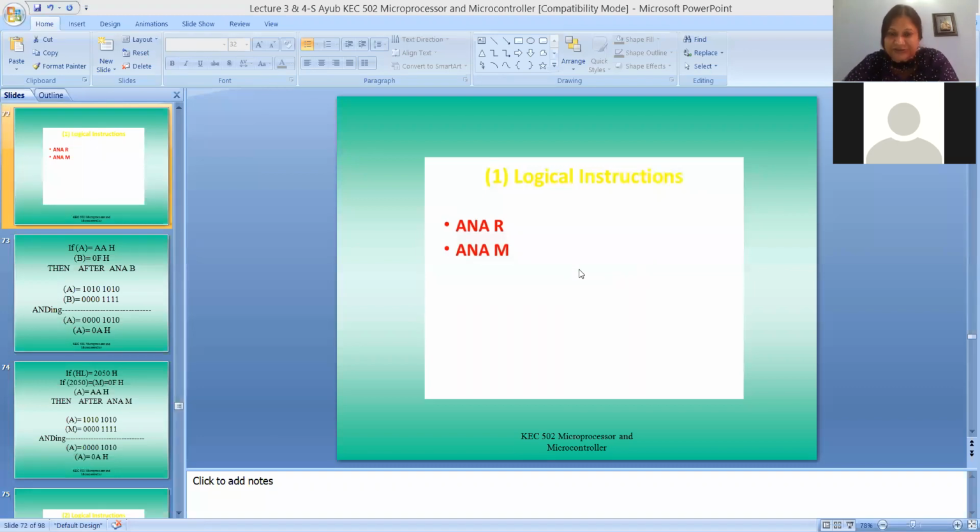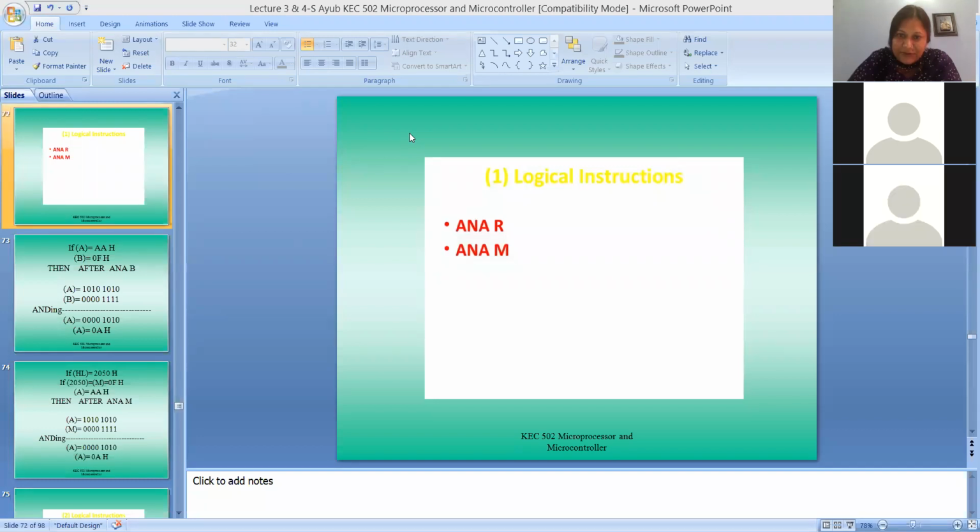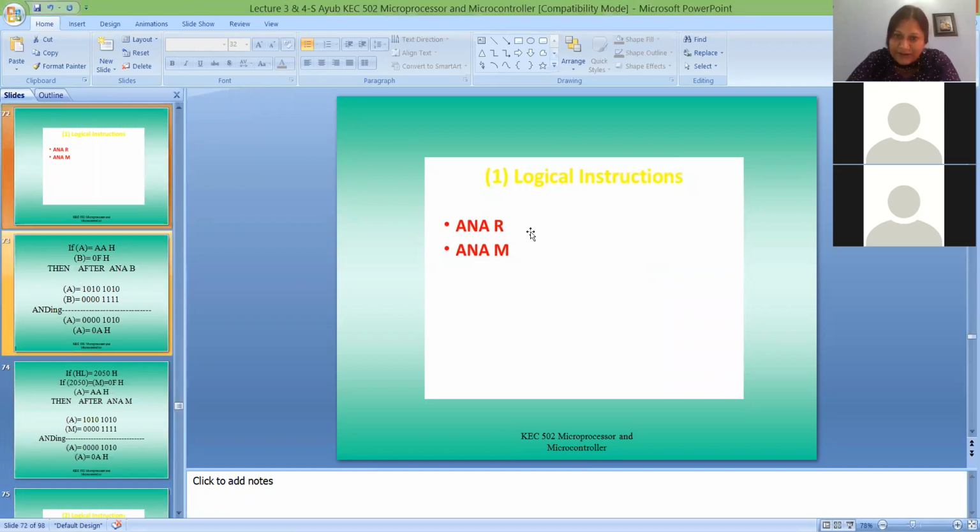Yes, ma'am. So last time we have done this, and now we'll start with the further instructions. Last time we took the example of logical instructions, we had started, and we had completed arithmetic instructions. In all logical and arithmetic instructions, the accumulator is involved. So we have seen this particular example when we talk about ANA, that means ANDing, and ANDing is done with accumulator contents.